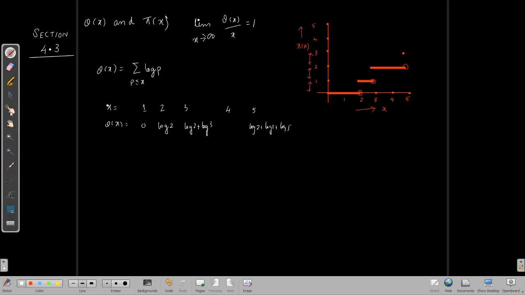So if you draw the graph of this, take x along this way and theta of x along this way.